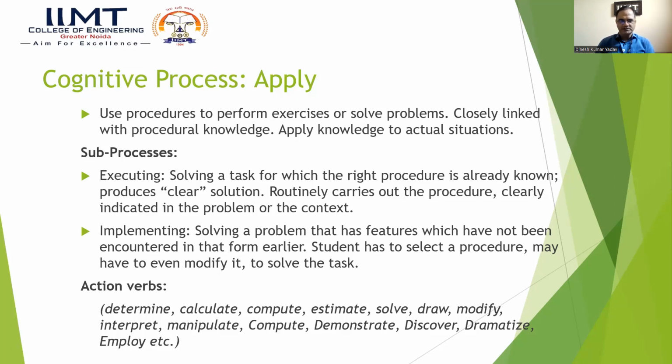So here he is supposed to execute something, to implement something. Like you can see in the action verbs, the action verbs used in the apply cognitive level are determine, calculate, compute, estimate, solve, draw, modify, etc.